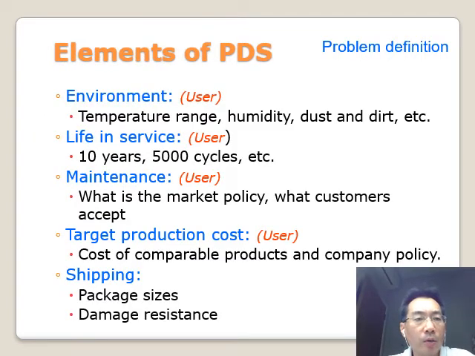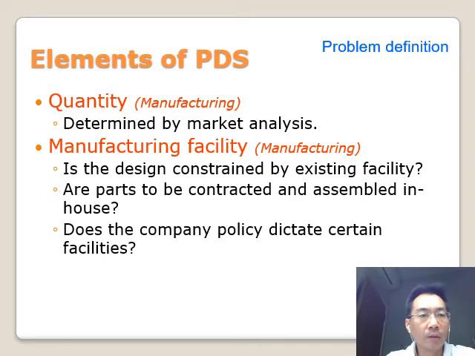And when we are looking at a PDS, we need to look at the environment, life in service, maintenance, target production cost, as well as shipping. There are many details in each item. You can include the quantity information in the PDS.